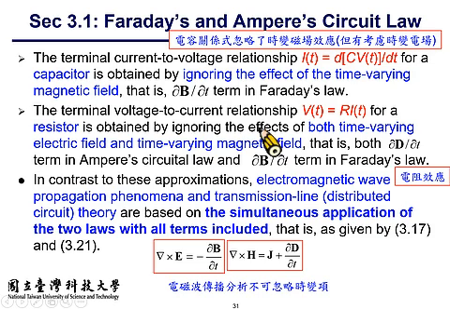And as to the description of electromagnetic waves, both time derivative terms, including the magnetic one and the electrical one, cannot be neglected.